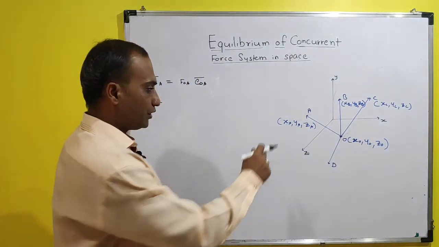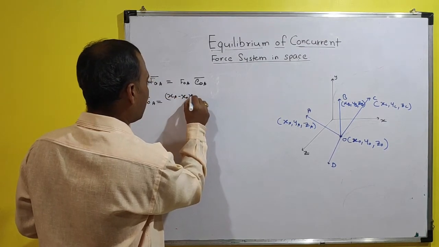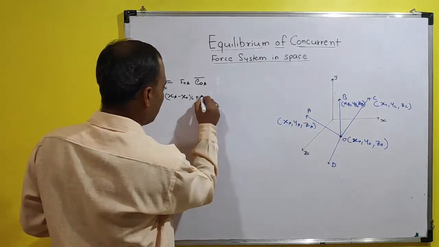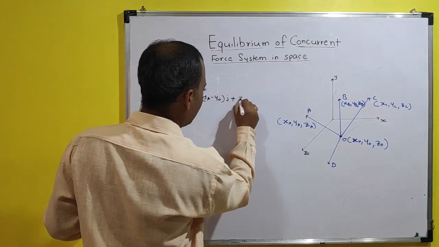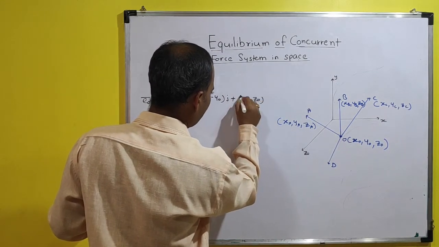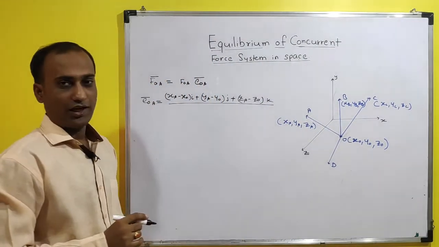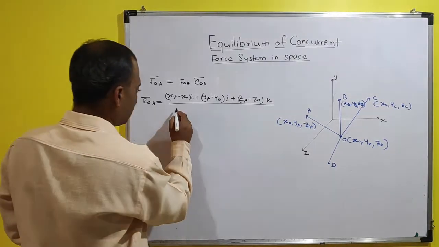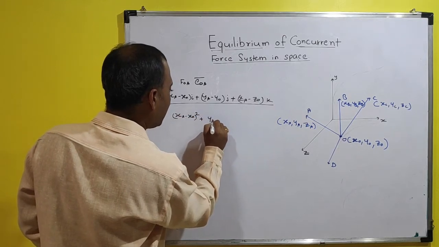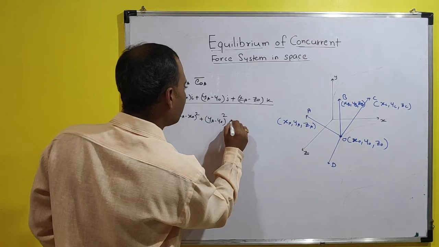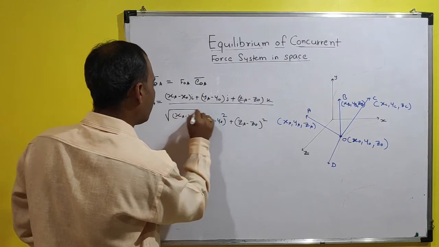So (XA minus XO) i plus (YA minus YO) j plus (ZA minus ZO) k, divided by the square root of (XA minus XO) squared plus (YA minus YO) squared plus (ZA minus ZO) squared.